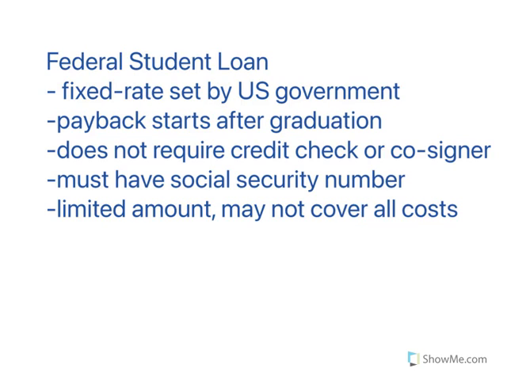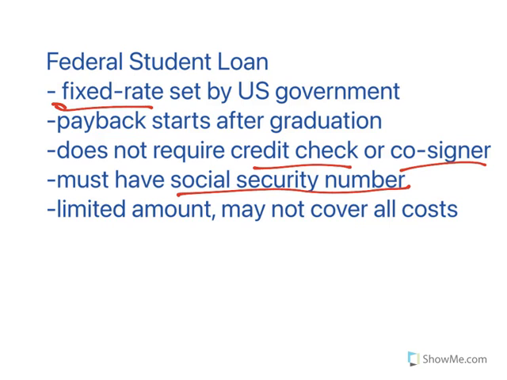In a federal student loan, this is a fixed rate set by the U.S. government. The paybacks start after graduation, and interest doesn't start until after graduation. So with the federal student loan, they pay the interest while you are still in school, and then you take care of it after. It does not require a credit check or a cosigner. You must have a Social Security number, so you must be a resident citizen of the U.S. or have a Social Security number.